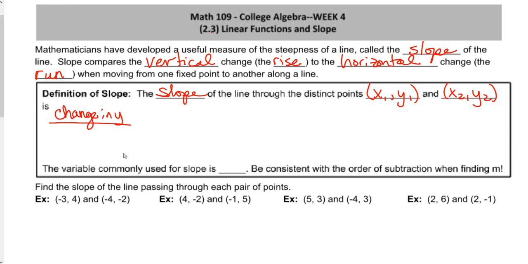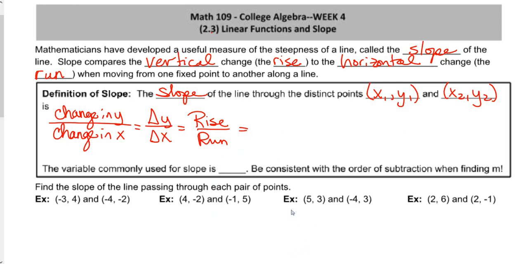If you remember on our coordinate plane, y is the vertical and horizontal is the x. So we can say change in y over change in x. You see the symbol delta, the Greek letter delta, for change in. So we could also write that as change in y over change in x. I just alluded to it, it is also the rise over the run, so we can refer to that as well.